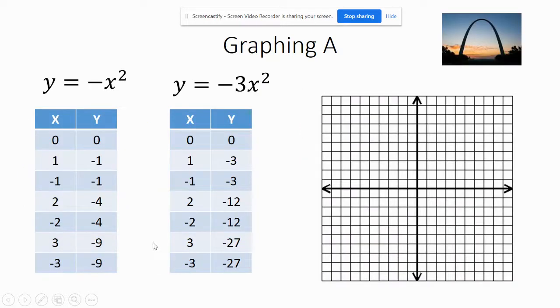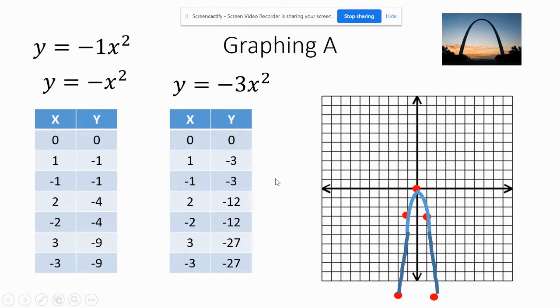But what happens when I have a negative 3? Well, first off, here's a negative x squared. Notice it's different. Before I had all positive y values. Now I have all negative y values. And if I take negative 3 times my x squared value, you end up with values that are going down 3 times as fast.